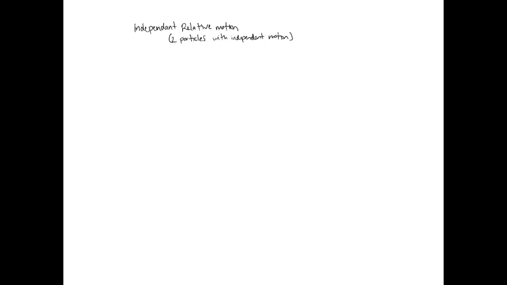But so far, when we've looked at problems, we've said it's really important to set an origin and a coordinate system. So I'll do a really simple one here. Let's say we set an origin here, and we'll set a coordinate system of x going across. So this is our coordinate system and our origin. If we set a particle here, let's call it particle A, the position of particle A from the origin would just be xa.